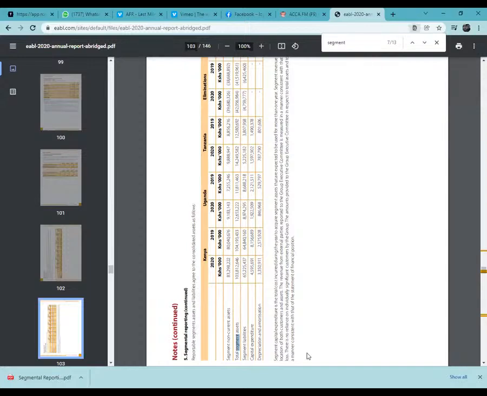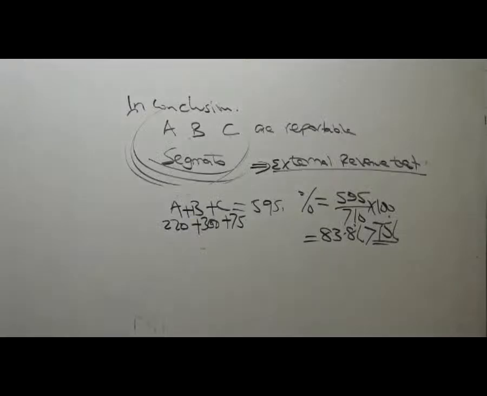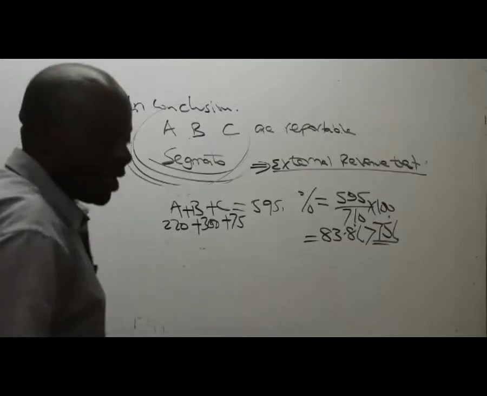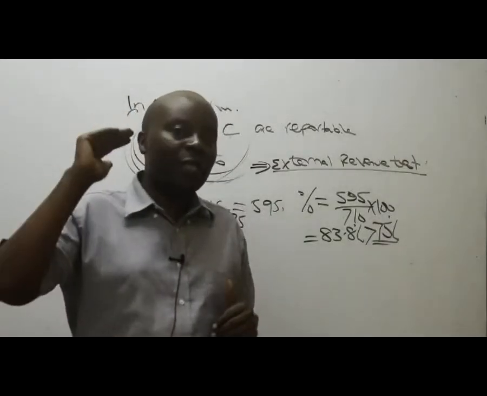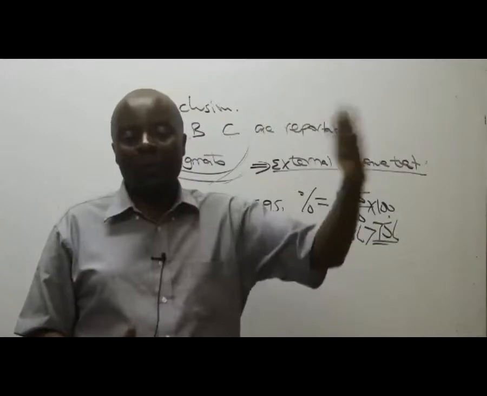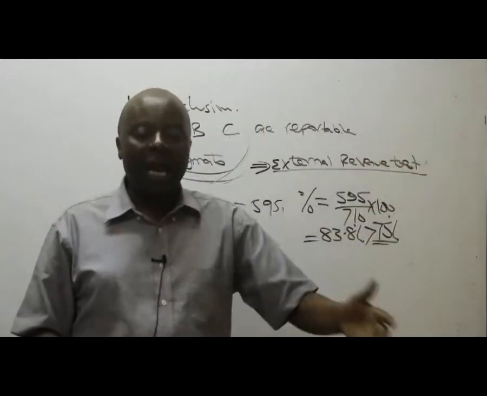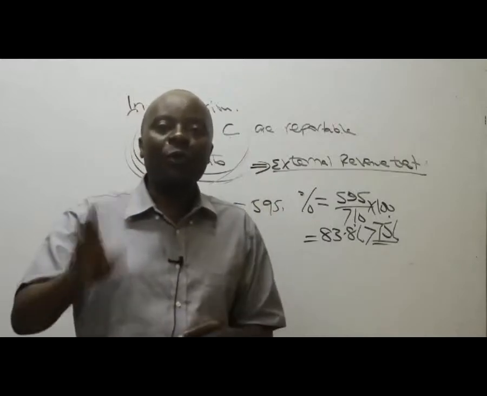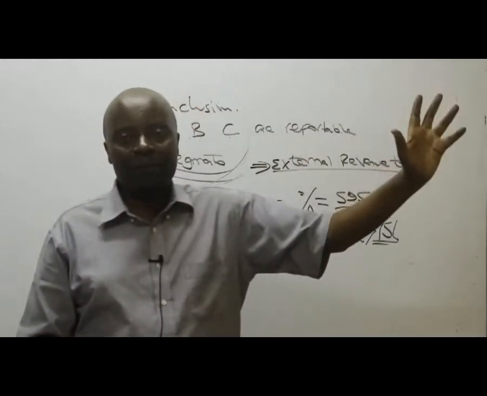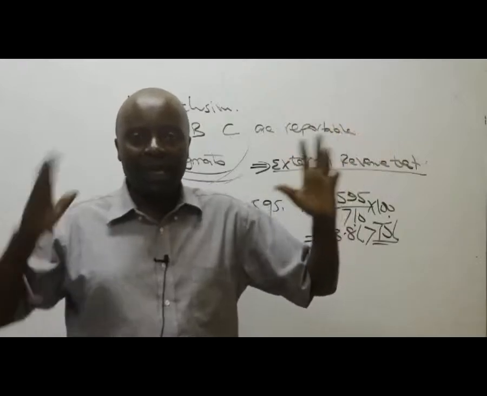Ladies and gentlemen, let's get back to our business. So remember, every time you are doing financial reporting at this level, this is a strategic level. After this, we expect you guys to go and practice finance out there. I would really expect you to be getting hold of the annual reports of these big companies, like Safaricom, EABL, KCB Bank.